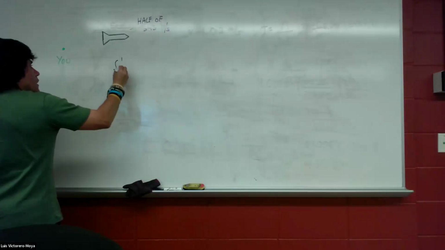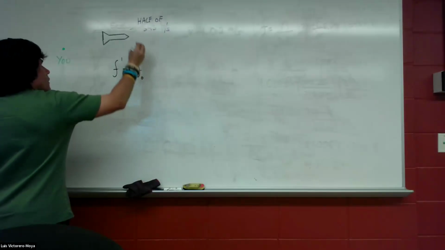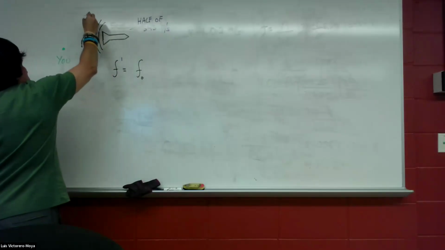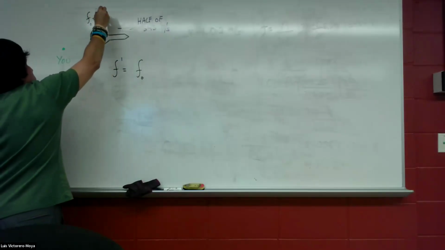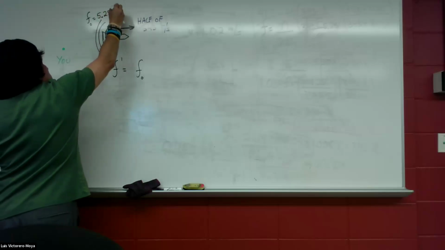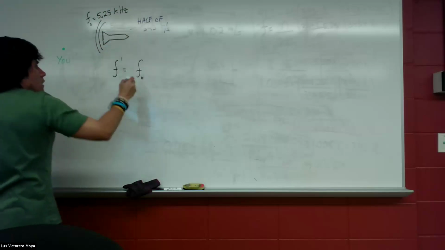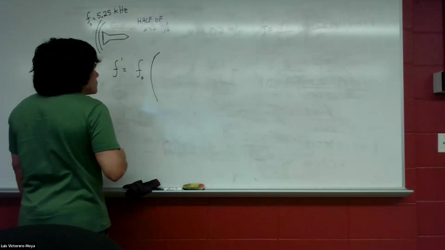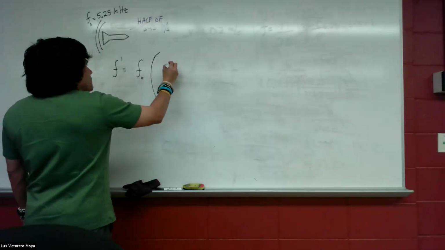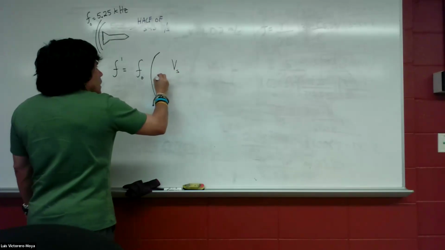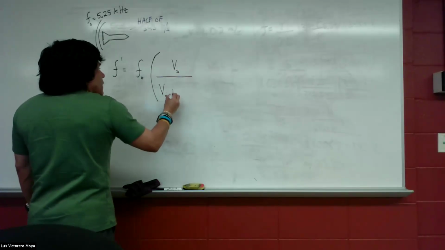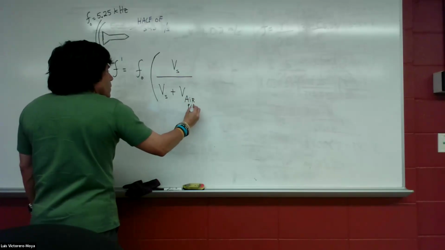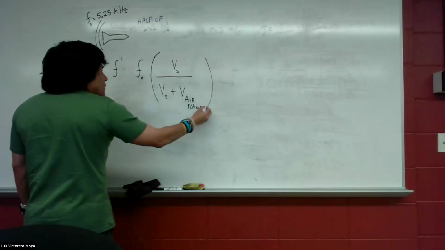F prime is the original frequency times speed of sound over speed of sound plus the speed of the airplane. That's the difference. The frequency is going to be lower.